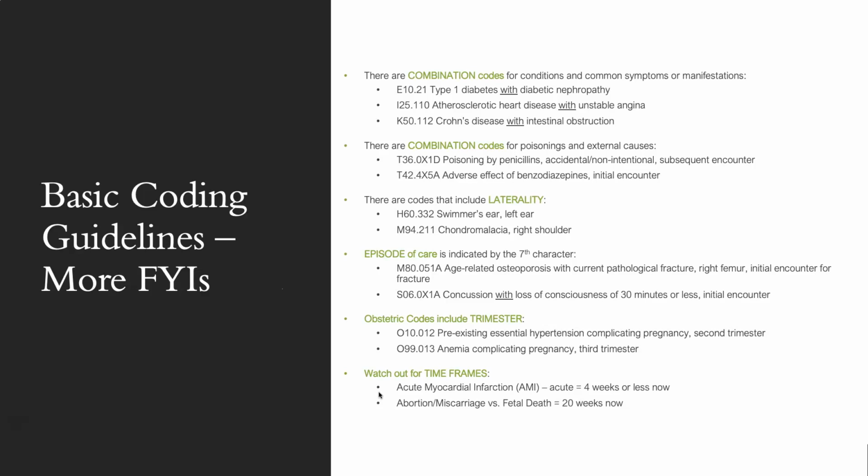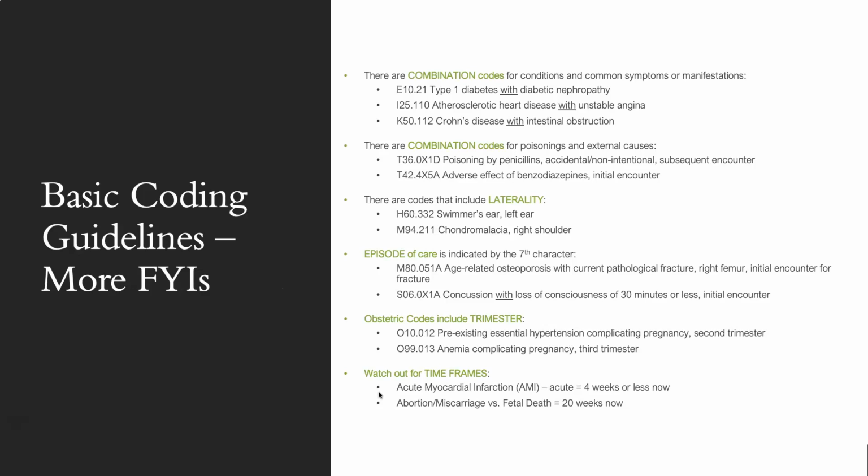Another example is adverse effects of benzos, initial encounter, T42.4x5A, because A is the seventh character. So there are combination codes when you look at poisonings, drugs, chemicals, and external causes. That's just an FYI.